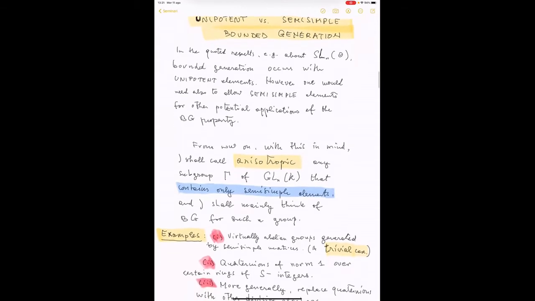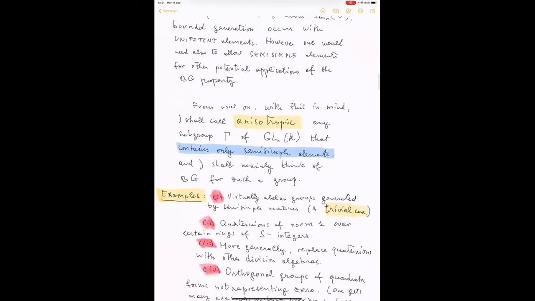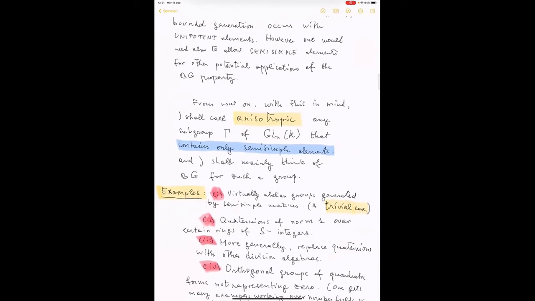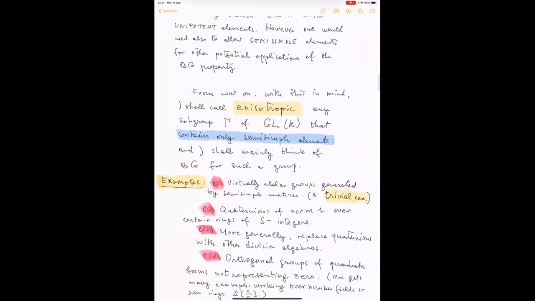And this would be needed for other potential applications of the bounded generation property. Indeed, there are groups of the type of GL_N(K) that contain only semi-simple elements. So this is the motivation for concentrating on bounded generation with semi-simple elements. And I shall call anisotropic any subgroup of this kind.